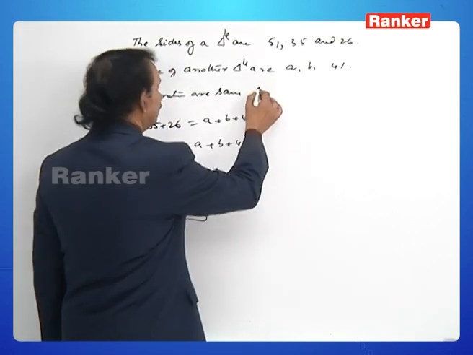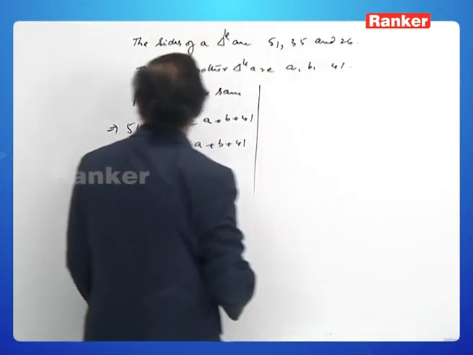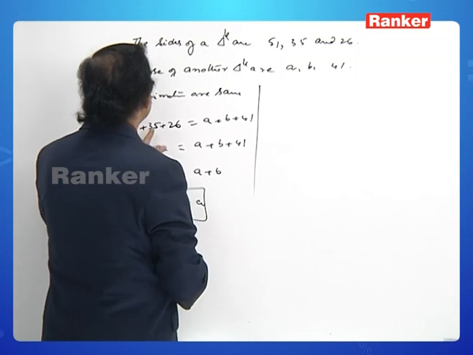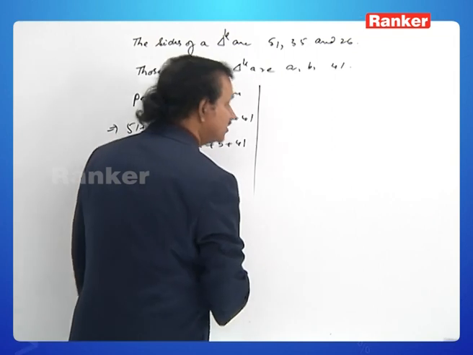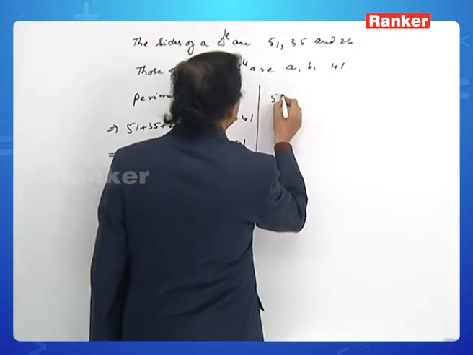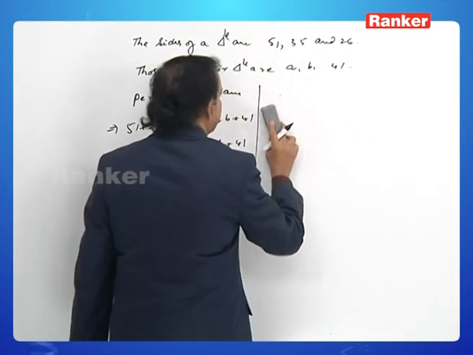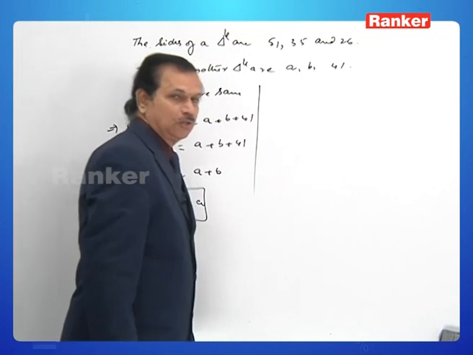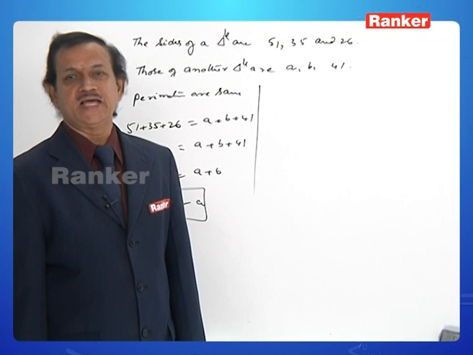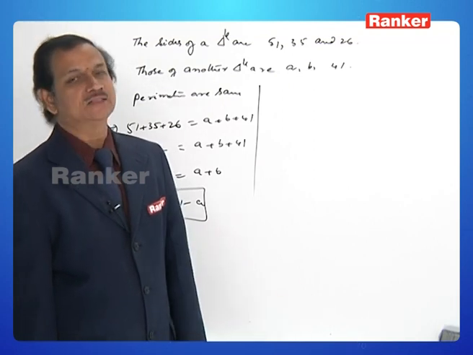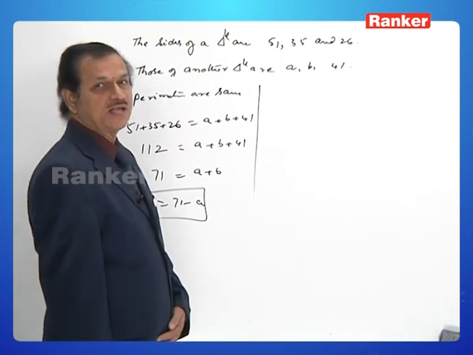Now you equate the areas. Here, what is S? 51 plus 35 plus 26 is 112, by 2 is 56. S is 56. Now we are equating the areas. In the data of the question, two pieces of information are there: the first is that they have the same perimeter, and the other is that they have the same area.